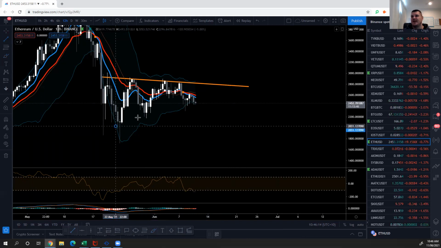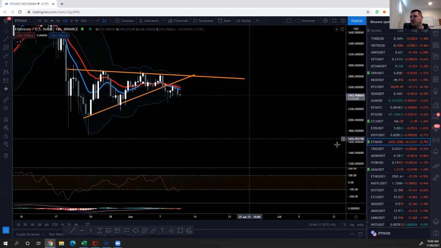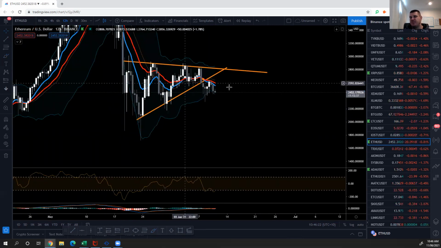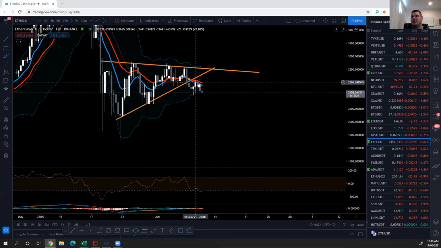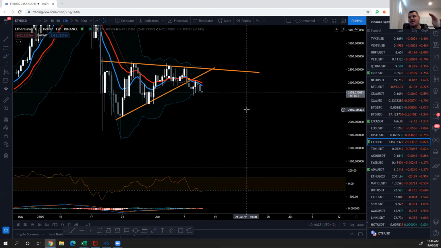Same sort of stuff that has happened on Bitcoin. However, we've actually broken out of this bearish pattern now, and we've come back up and retested. So this is saying the trend is pretty strong down.